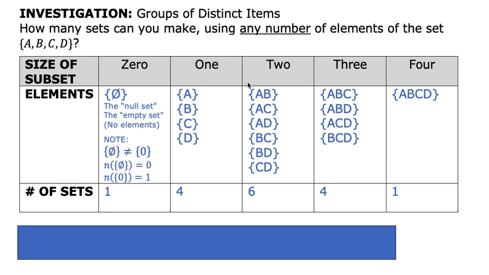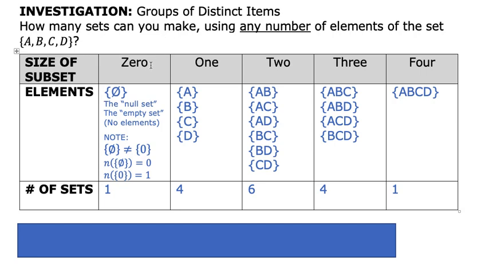What we're going to do is look at each of the different sets of length 0, 1, 2, 3, or 4. Starting off with a subset of size 0, this symbol is called the null set or empty set, meaning that it has no elements. There's a difference between the null set and 0. 0 is an actual number.